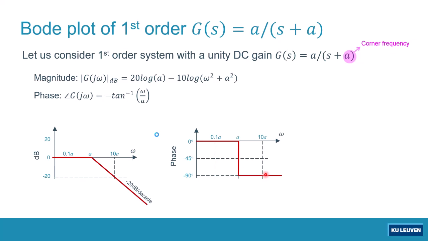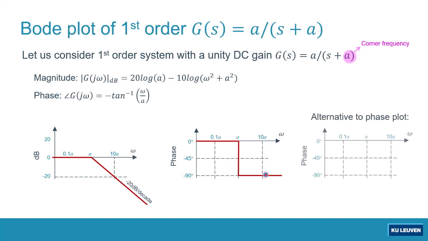So normally, when I want to derive the phase plot of a first order system like this, instead of having only two regions, a low frequency region and a high frequency region, I will split it into three regions.